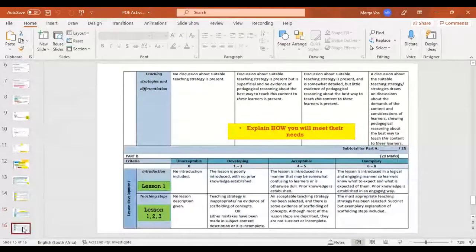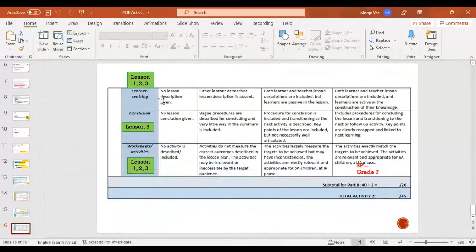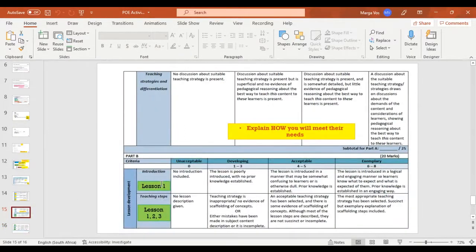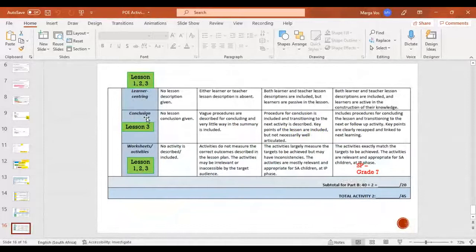And then you also need a conclusion. You need activities, and you need the learners and the teacher to be actively involved in the scaffolding of their knowledge. So these are applicable to all three of your lessons. So only for lesson 1 will you have an introduction. In lesson 2, you will not really introduce rate again to them because they already now know that you are busy doing rate. Okay, so then you do teaching steps, learner centering, conclusion.